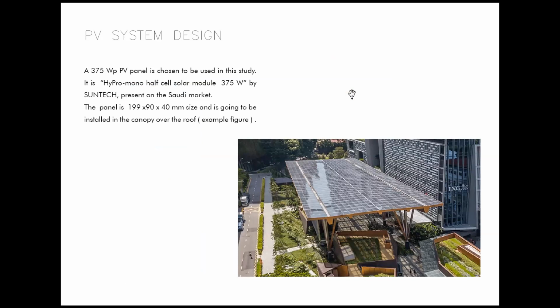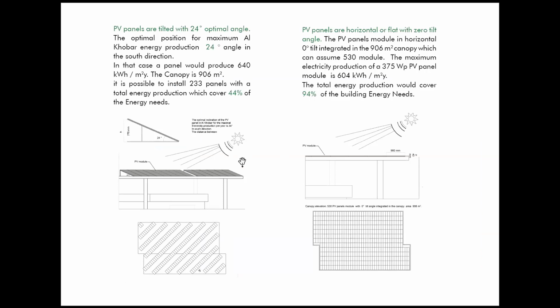I have used this kind of PV panels on the canopy that are integrated, and I have chosen to put them at a 0 degrees tilt, flat, to have more space for my panels.